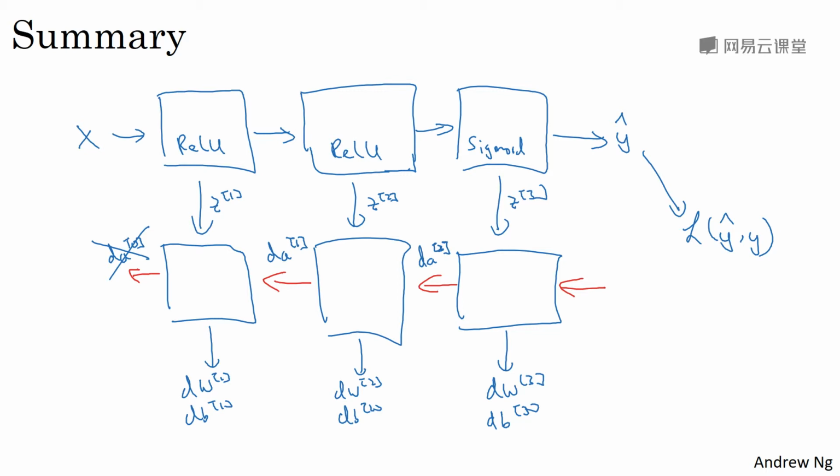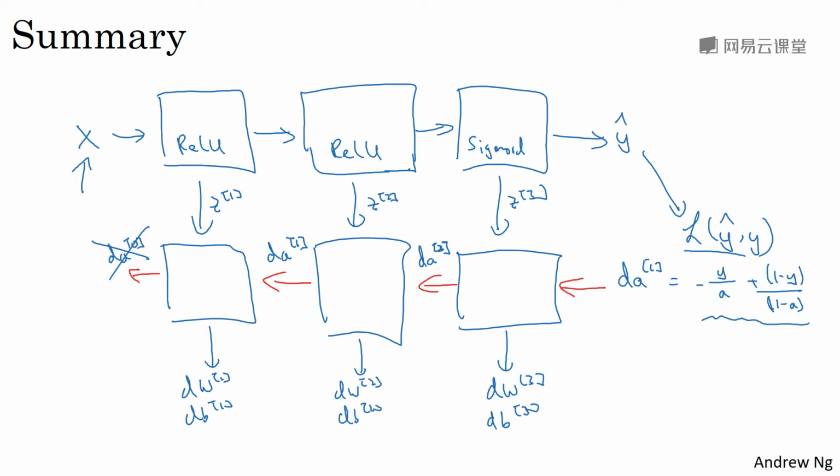Now, there's just one last detail that I didn't talk about, which is for the forward recursion, we would initialize it with the input data X. How about the backward recursion? Well, it turns out that dA of L, when you're using logistic regression, when you're doing binary classification, is equal to y over A plus 1 minus y over 1 minus A. So it turns out that the derivative of the loss function with respect to the output, with respect to y hat, can be shown to be equal to this.